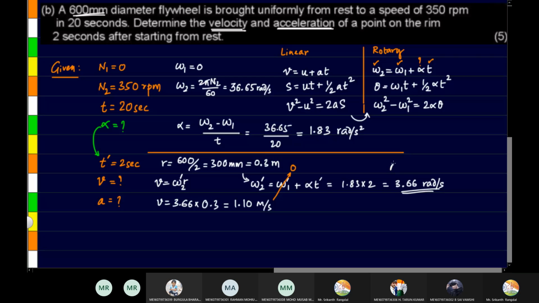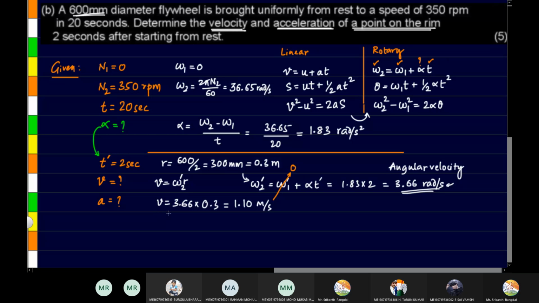This is angular velocity, or rotary velocity, whatever you want to call it. We could have left it here itself. But because he is just asking velocity and he's also mentioning a point on the rim, this is another hint for us. When he's giving the point on the rim, that means he's not talking about angular velocity. So that is why we have found the linear velocity at that point on the rim.